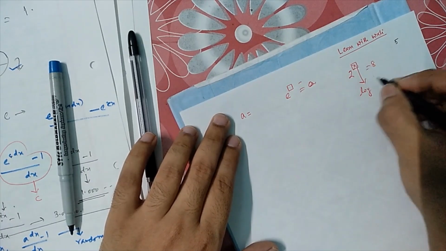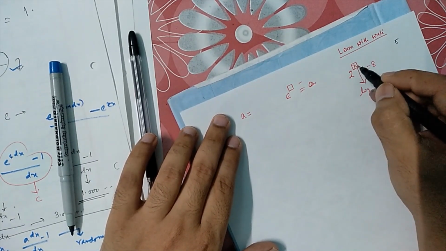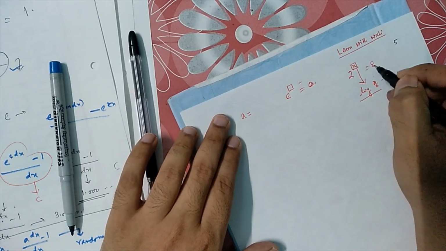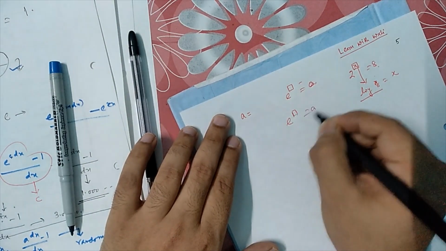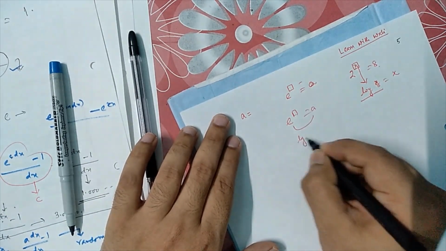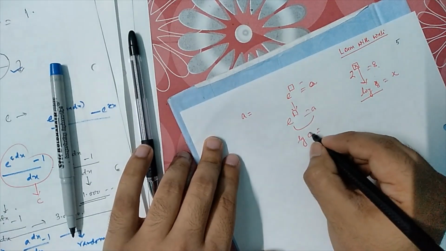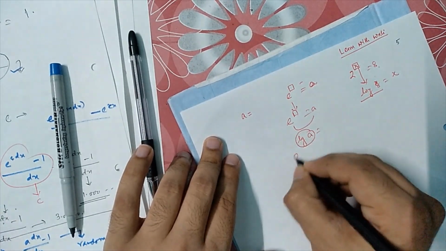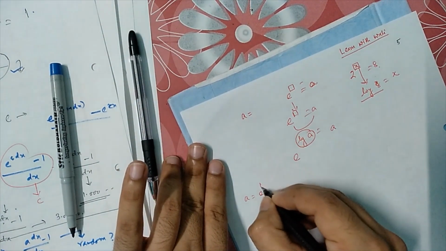Suppose it is x, so log of 8. 2 to the power what is equal to 8, then we put log of 8 and got the result x. So e to the power what is equal to a, then we will use log of a, which is equal to this x. So log of a, if we raise e to the power of it, the result will be a. That means a is equal to e to the power ln a.